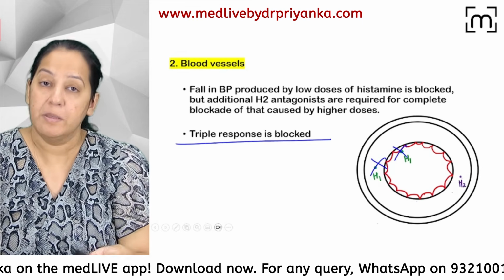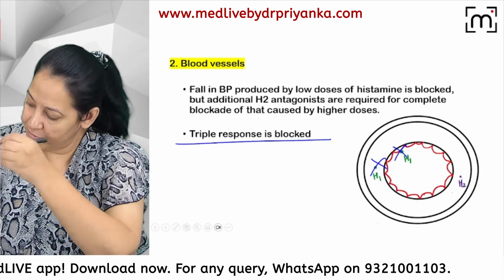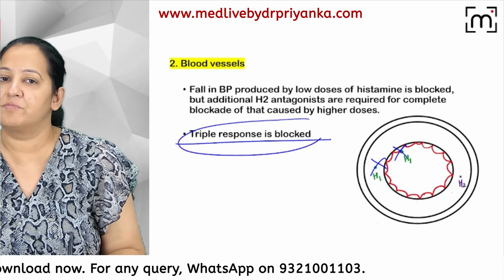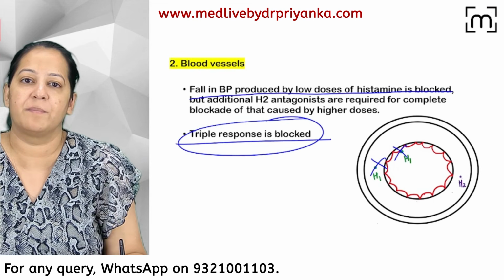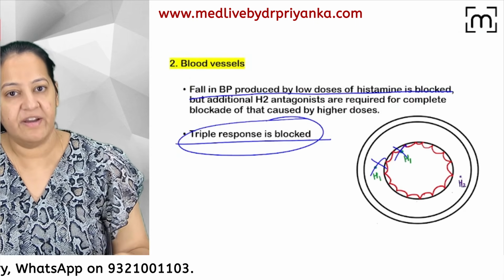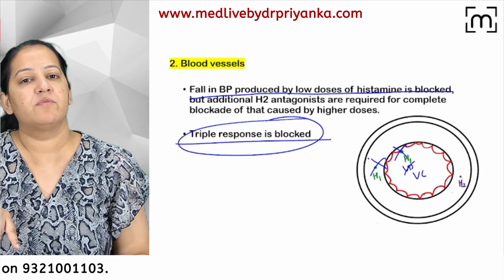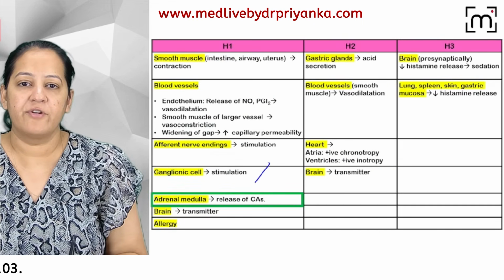The triple response will be abolished, and the fall in BP produced by a low dose of histamine is also blocked. Everything will be reversed here. Wherever it was vasodilatation, it will cause vasoconstriction, and wherever it was vasoconstriction, it will produce vasodilatation. Everything will reverse.